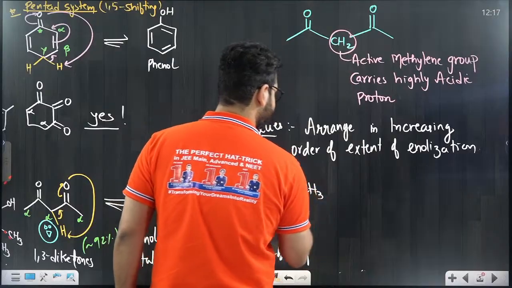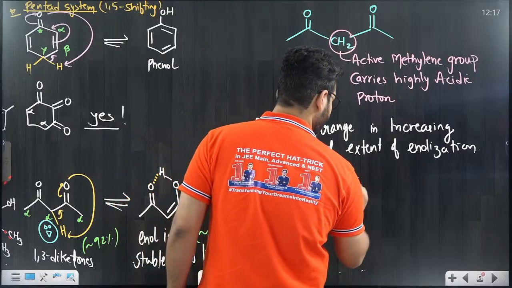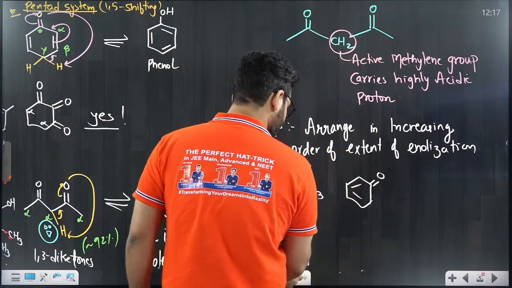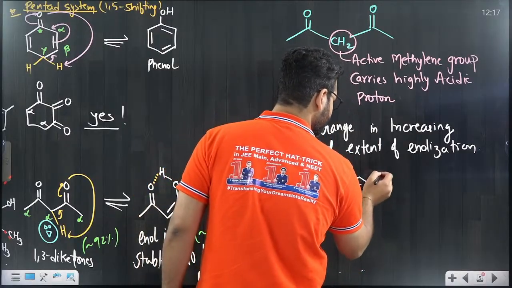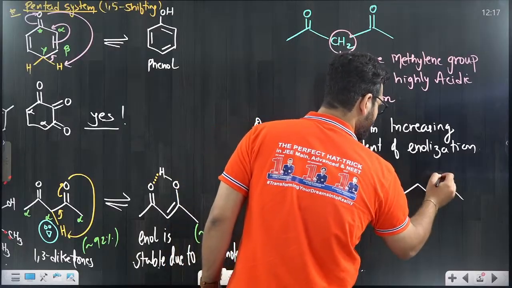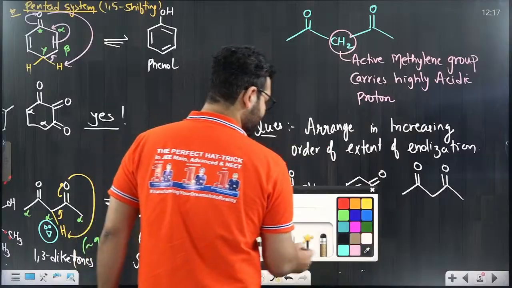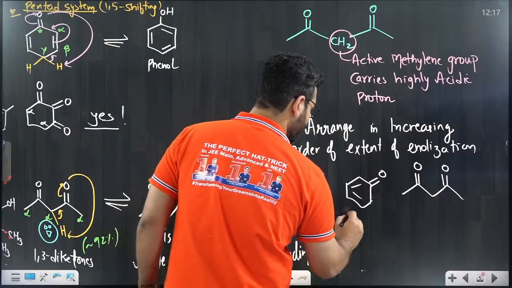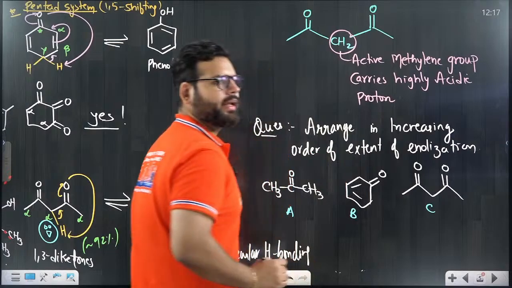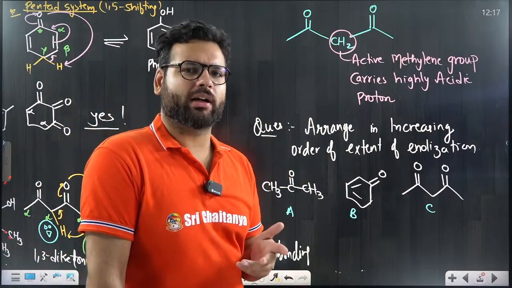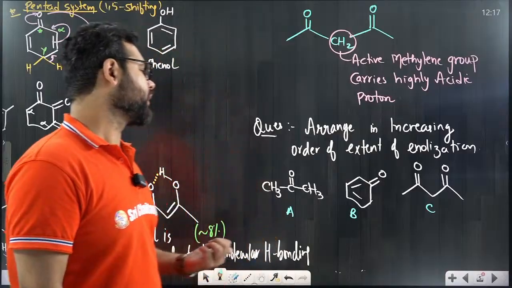This one, this one, and this one. Let's say these are A, B, C. Increasing order of enolization means who will have more enol content. Okay, who will have more enol content.